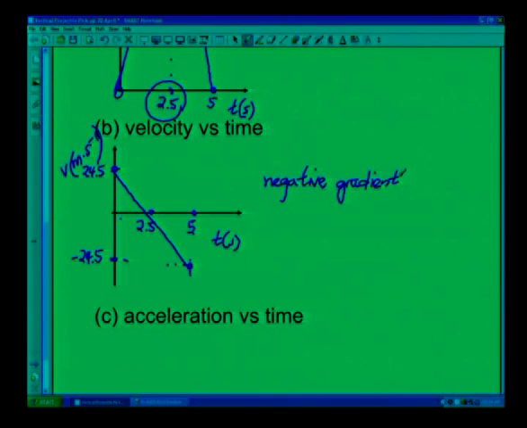If you work out the gradient of this graph here, you would know from mathematics that gradient is change in y over change in x. Now, what do you have in your y? Change in v over change in time. And what is this thing called, change in v over change in time?